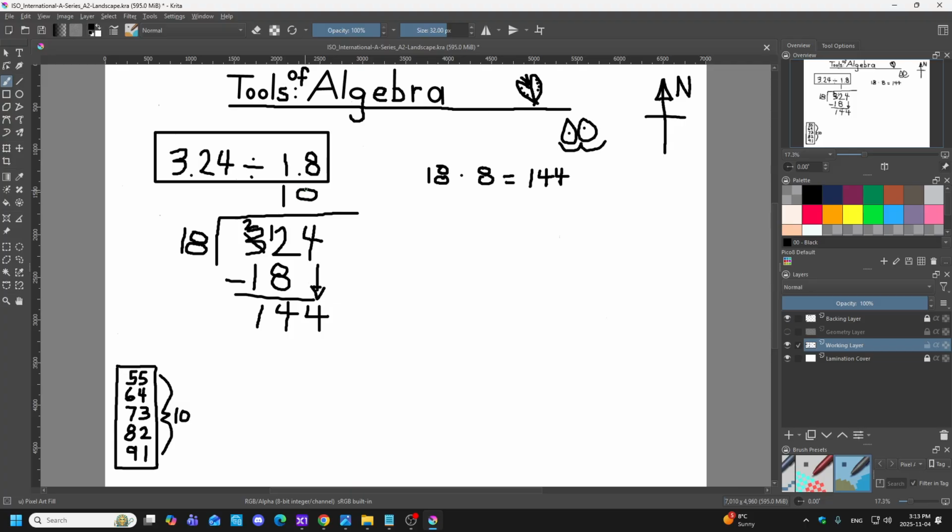Putting an 8 right here. 144. Subtracting, we're left with the remainder of 0.